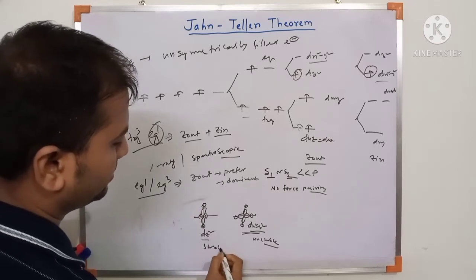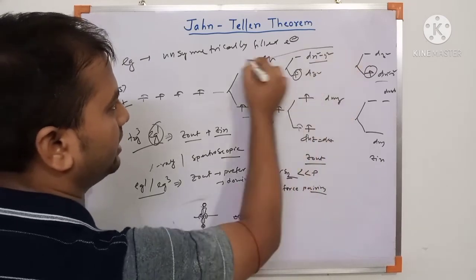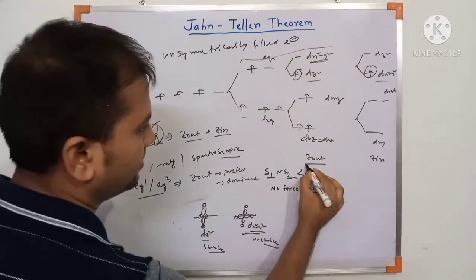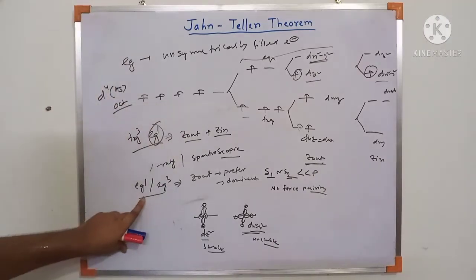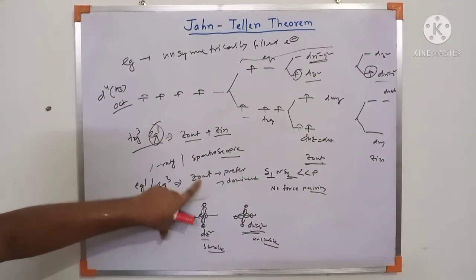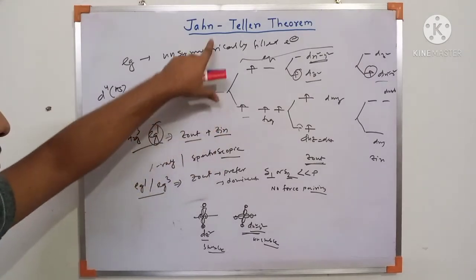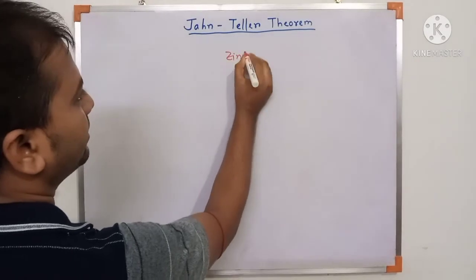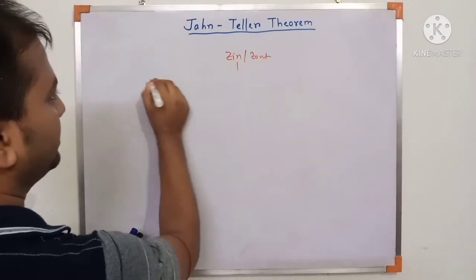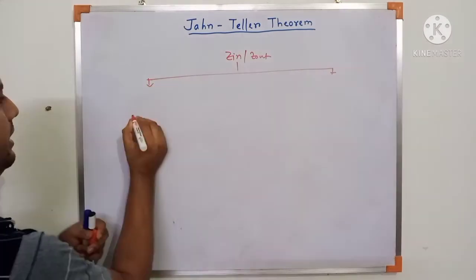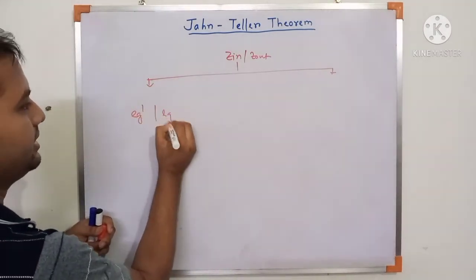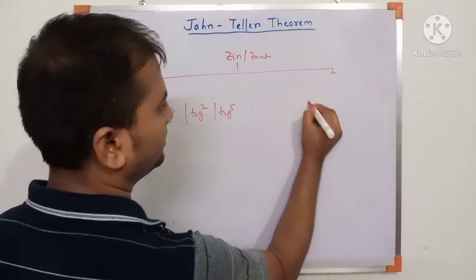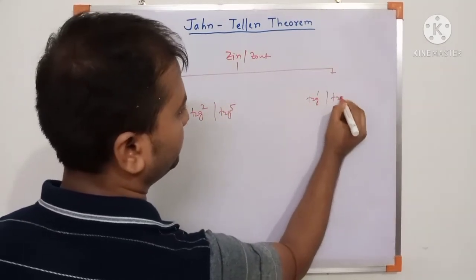So z out, dz square lower energy and dx square minus y square higher energy state, this is the z out state, which is stable. So EG1 and EG3 are only for z out, but both z in and z out are possible in case of Jahn-Teller distortion, both are possible, but z out is predominant. This is the summary: EG1 or EG3 or T2G2 or T2G5, T2G1 or T2G4.